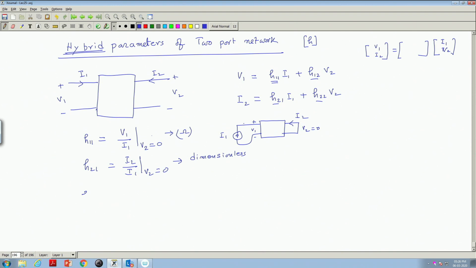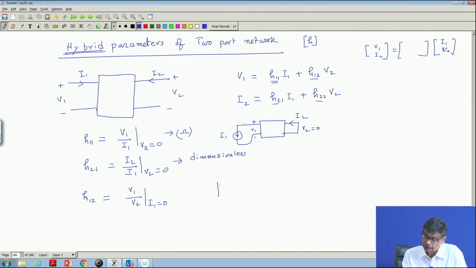What is H 12? H 12 will be equal to V 1 by V 2 with I 1 equal to 0. Is not? If you make I 1 equal to 0, then V 1 by V 2. So, what experiment you have to do?